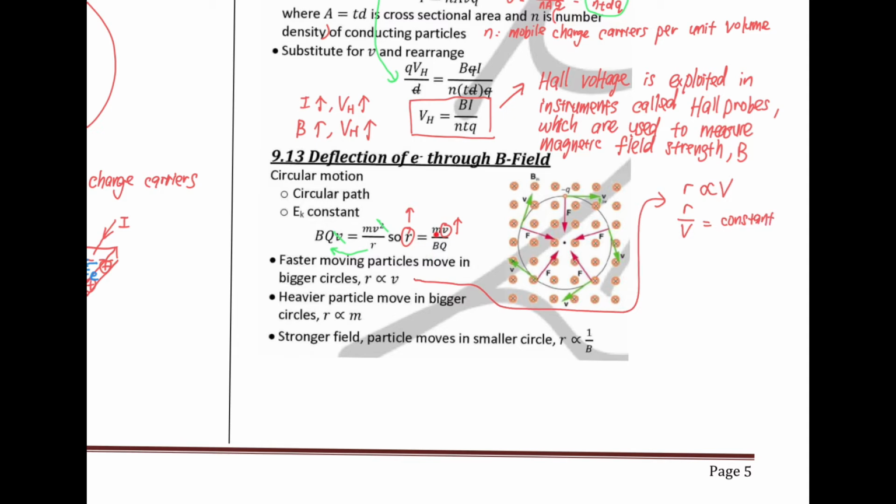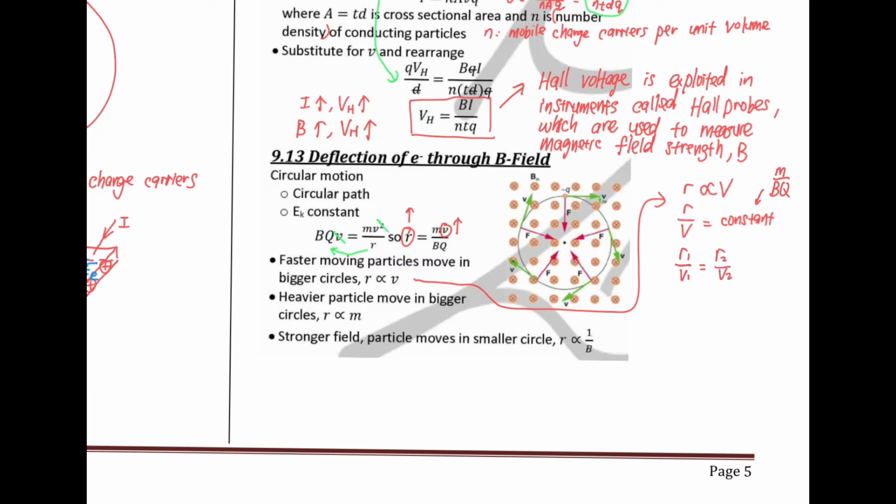R divided by V, you bring the V down. The constant is M over BQ. Then we can create this formula: R1 over V1 equal to R2 over V2.